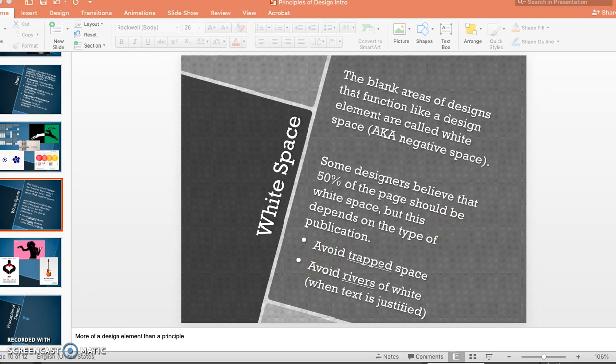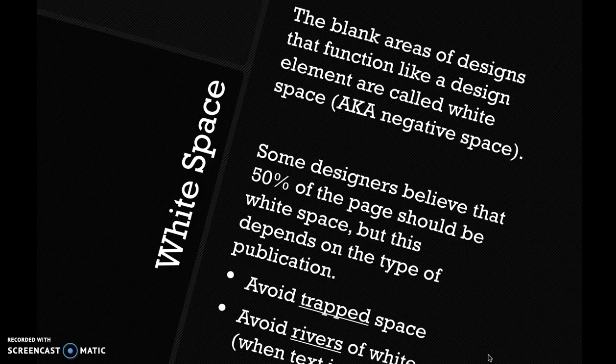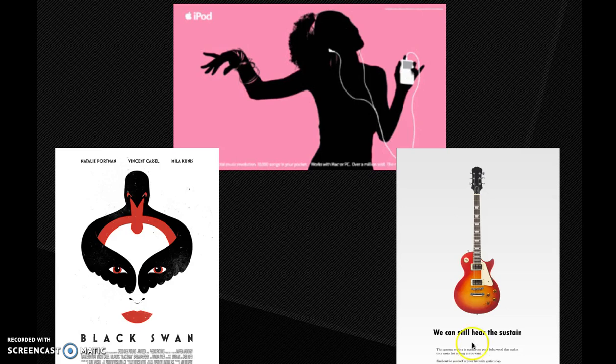For instance, let me show you how it looks in a design and the importance of it. As you can see, there's a lot of white space or empty space in some of these designs, and they're there for a reason. In a design, again, the white space is also an element in the design.